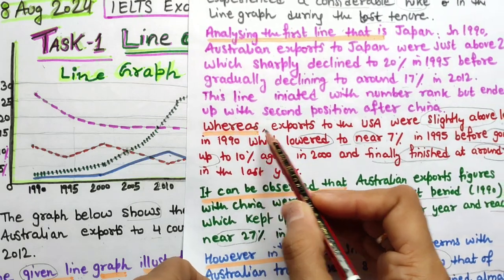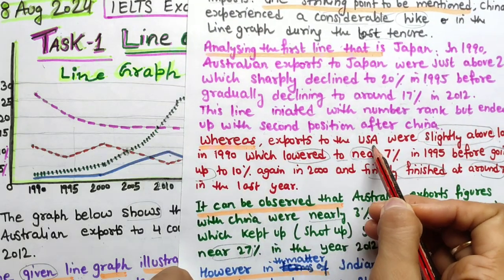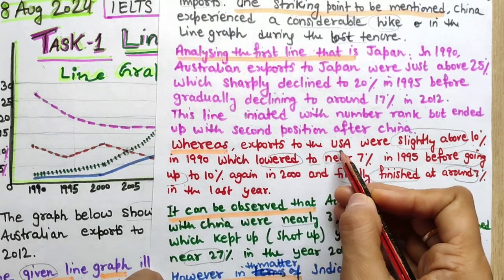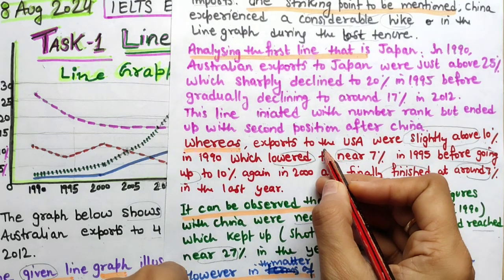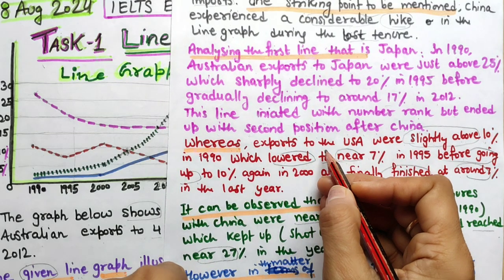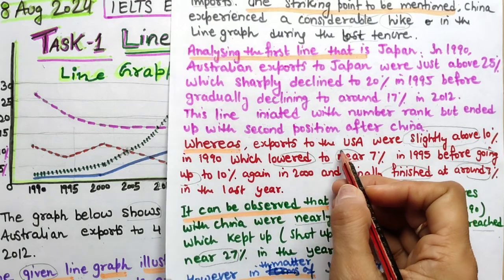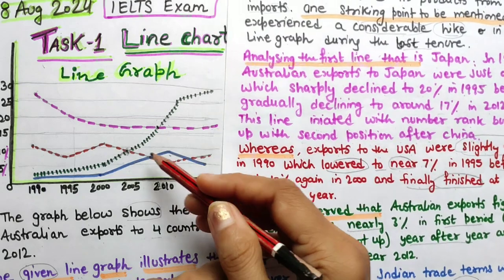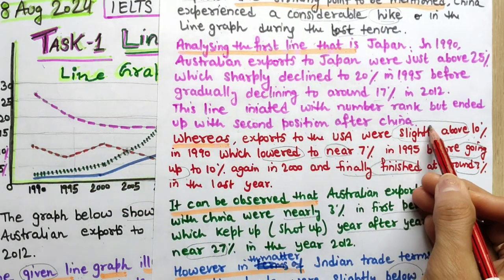I have made a separate paragraph, whereas exports to the USA were slightly above 10% in 1990. I have written "the" with USA because it is important to write "the" with UK and the USA, the United States. Otherwise there will be a grammar mistake. Exports to the USA were slightly above 10%. As I told you, this is also vocabulary.